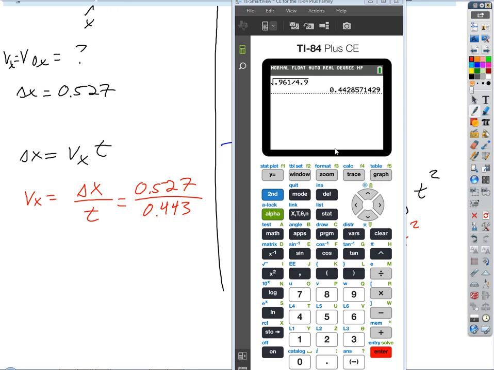And that gives us back the answer, what? Let's see what we get. So 0.527 divided by that, 1.19. So that's our horizontal velocity. The marble's rolling at 1.19 meters per second.